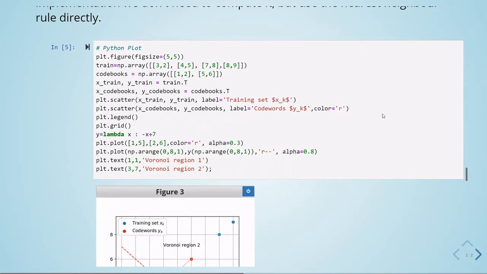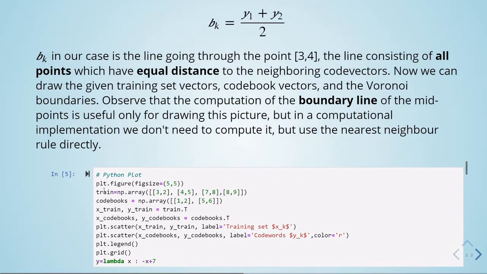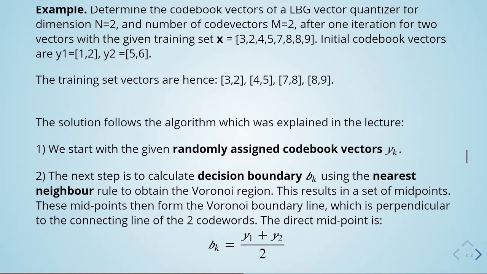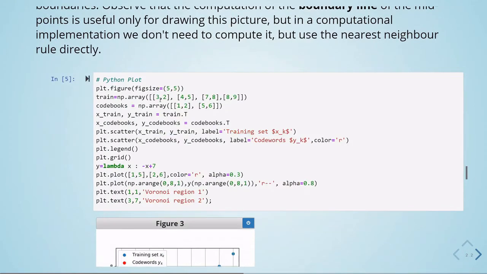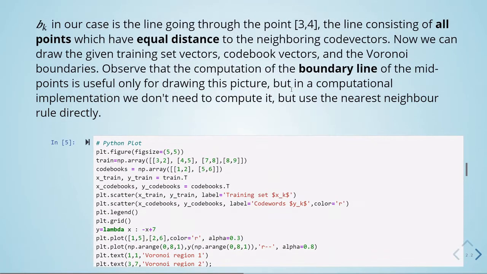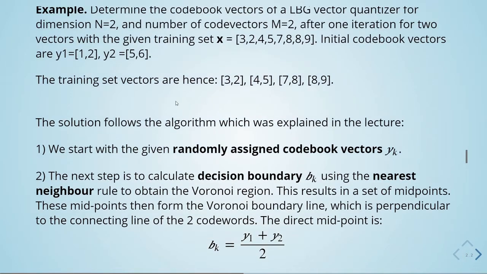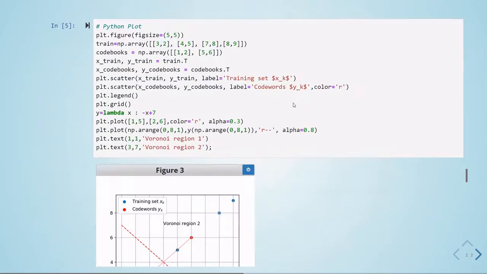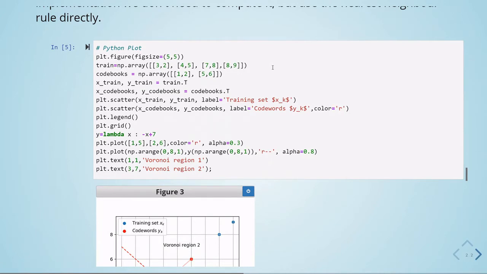So here is a plot. We have here our training set. We split this sequence of numbers into vectors with two dimensions, so that's what we're doing here. We will have this codebook vectors y1 and y2, which is also defined here.